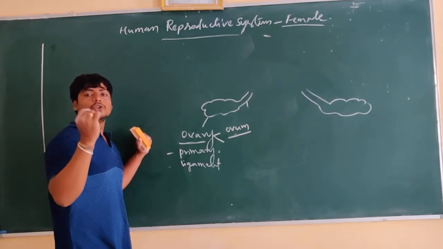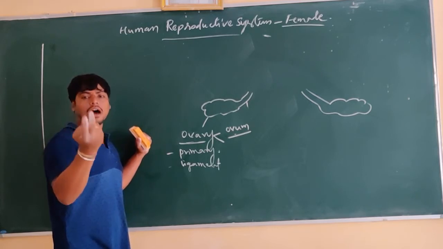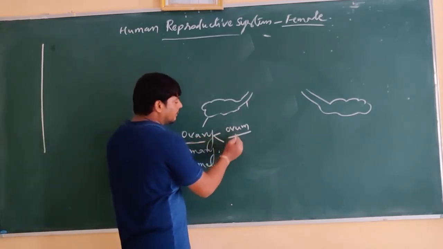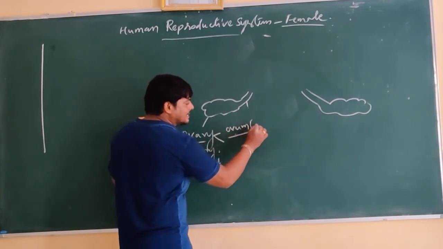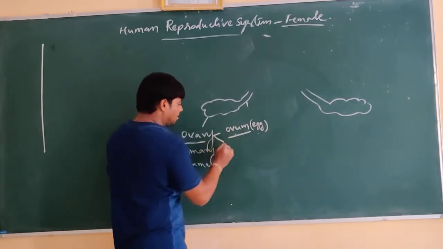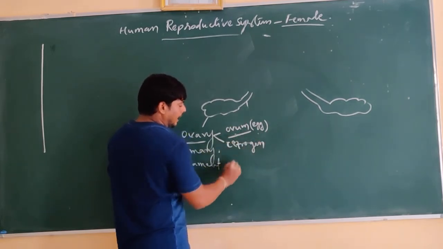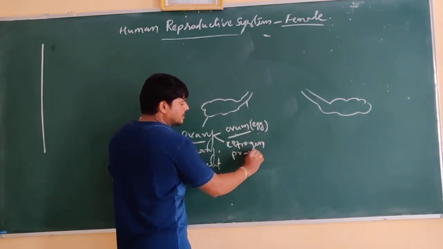These are the two female sex hormones that are secreted by the ovary along with the ovum or egg cell.